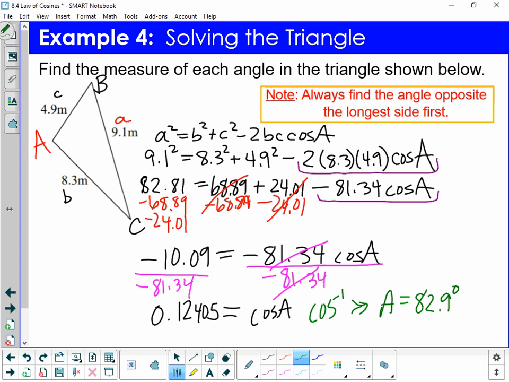So I'm going to put that in my triangle. 82.9 degrees.